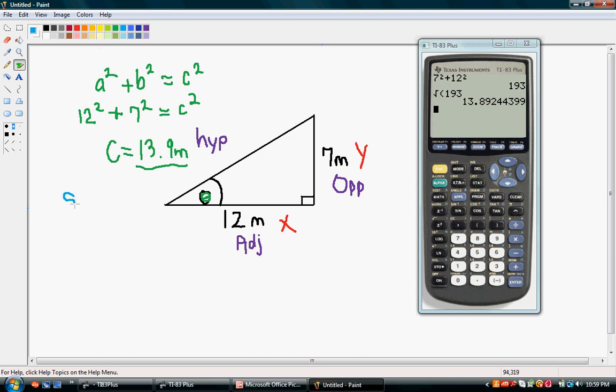We have sine theta equals opposite over hypotenuse.